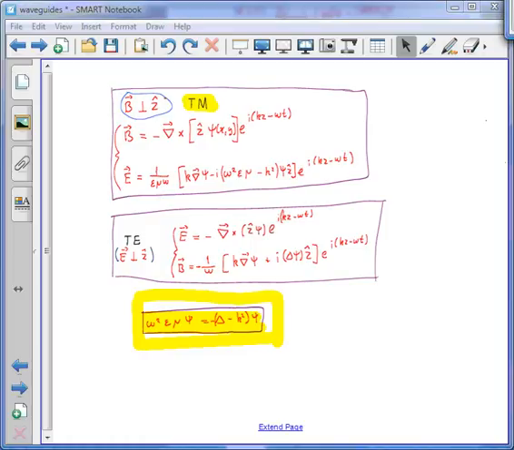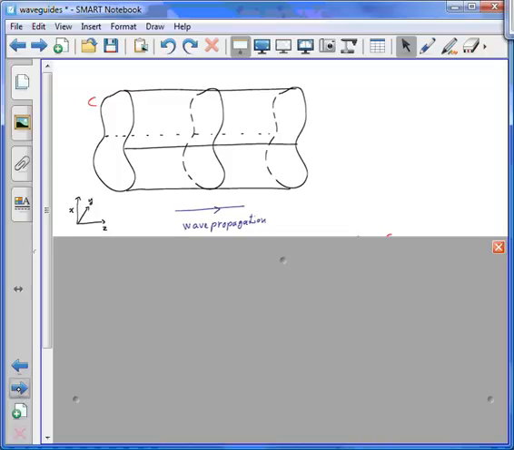So let's apply this result to an actual waveguide. Let's consider the following waveguide, where we have some contour C, which defines basically the limit of the waveguide, and it's uniform in the z direction, which is the direction of propagation of the wave.